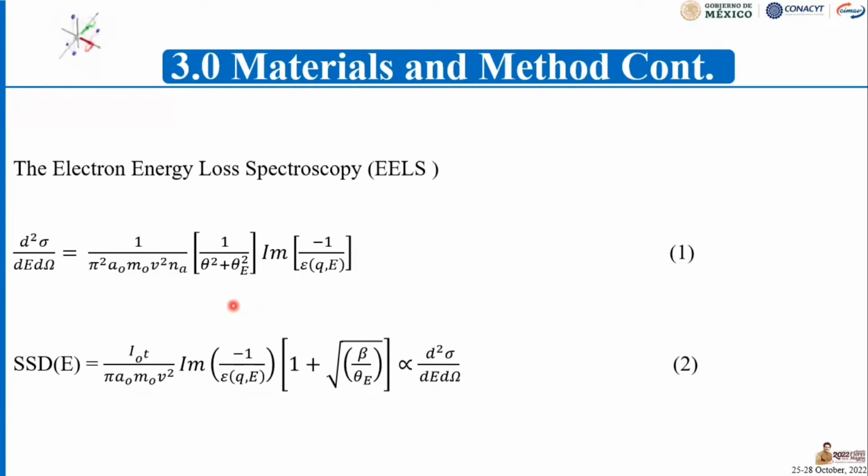We have here the complex dielectric function at energy loss E and momentum transfer. Additionally, the single scattering distribution we obtain using the digital micrograph data is represented in equation 1 here.